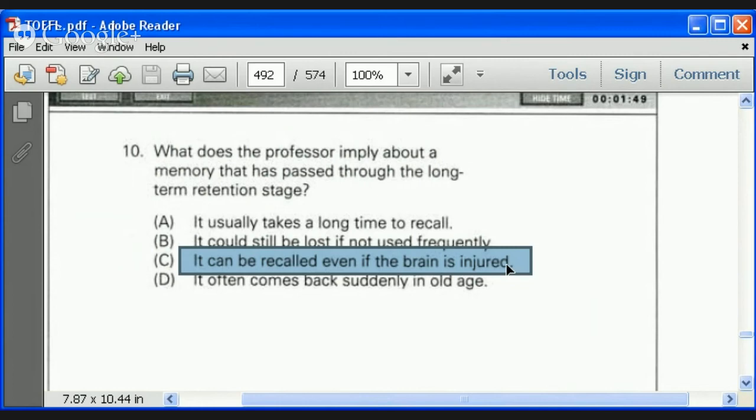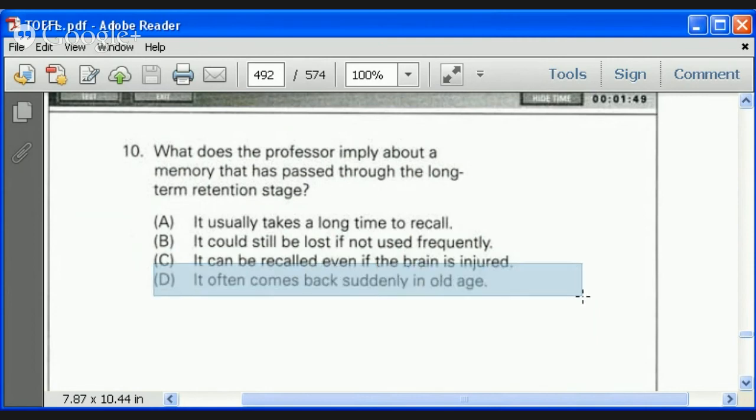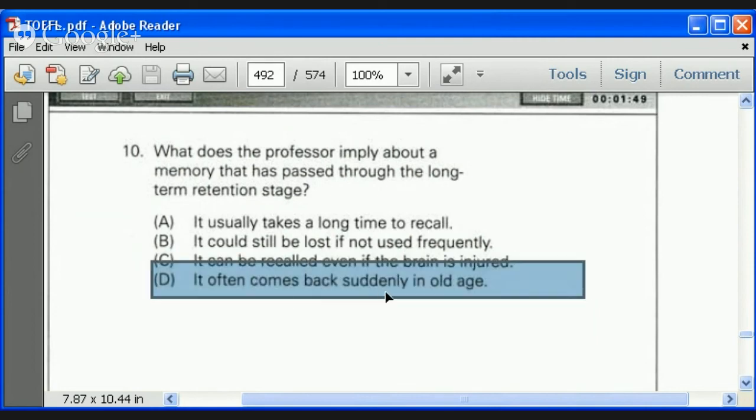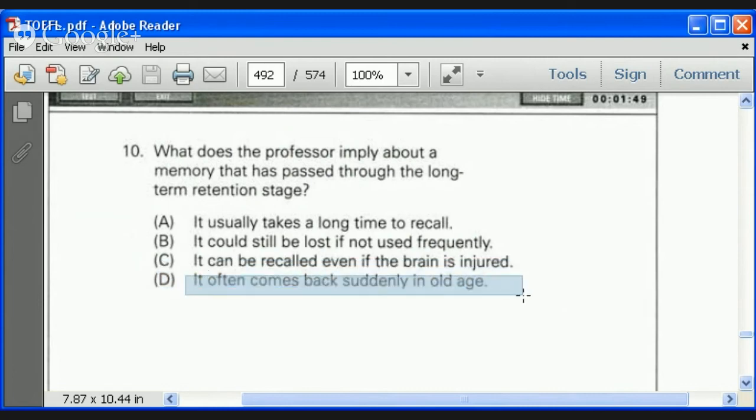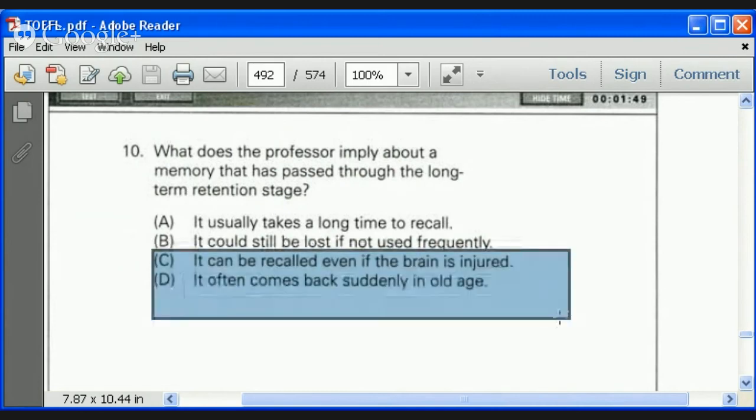This was never said. In fact, the opposite was said. They just said injuries may affect recall. It often comes back suddenly in old age. What? No, again, another one that was just not used at all. So C and D definitely eliminated.